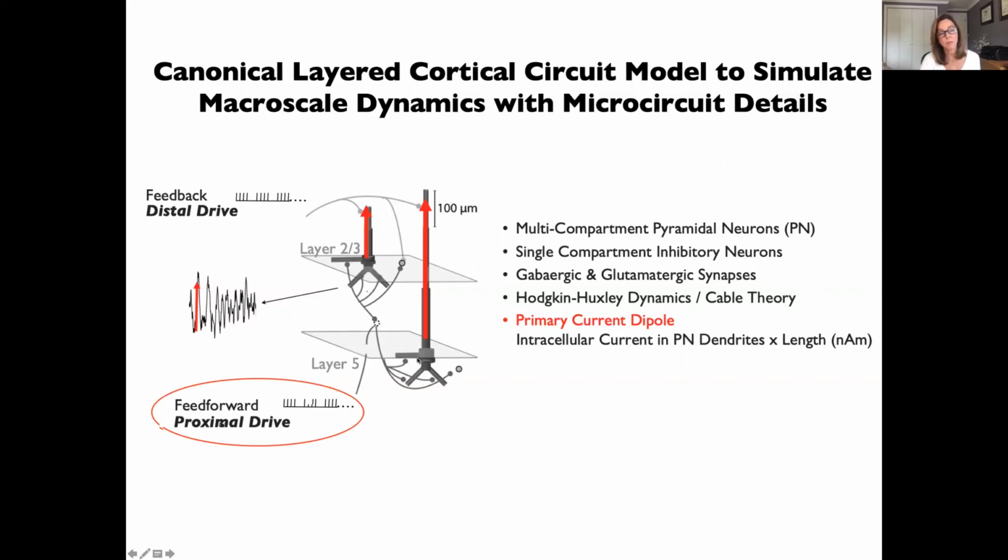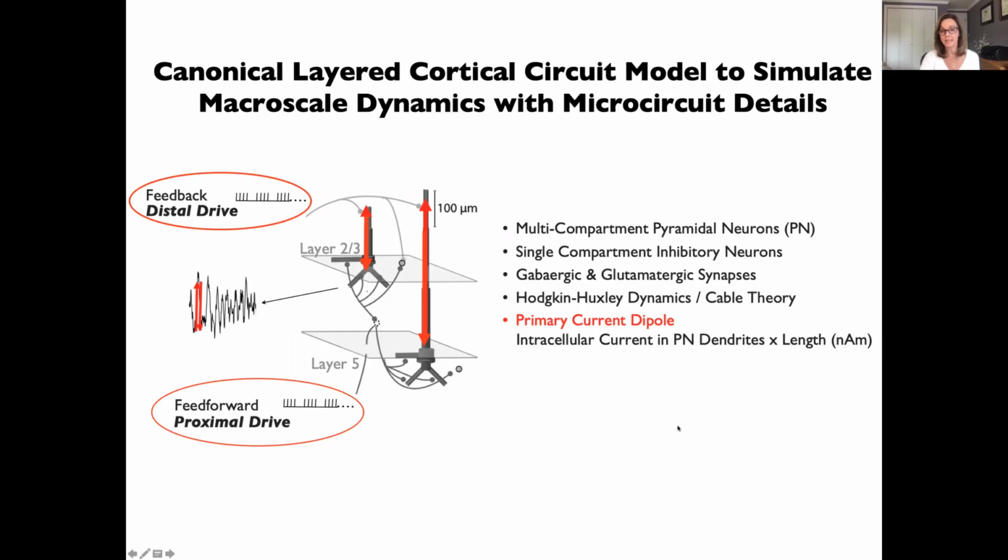This type of input would push current flow up the dendrites to create a positive deflection in our signal. Similarly, we could simulate feedback input as a predefined pattern of action potentials that activate excitatory synapses at the distal dendrites. These push current flow down the dendrites to create a negative deflecting signal. And it's a combination of this feed-forward and feedback drive in combination with the local circuit activity that creates this signal that represents our primary current dipole.